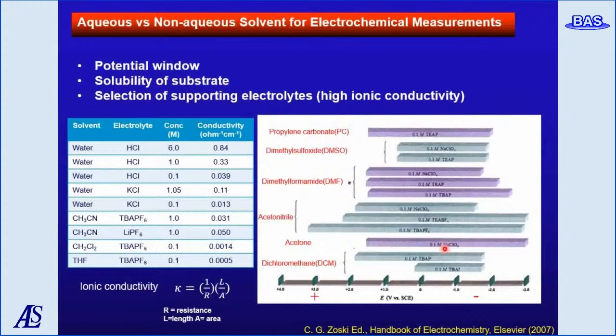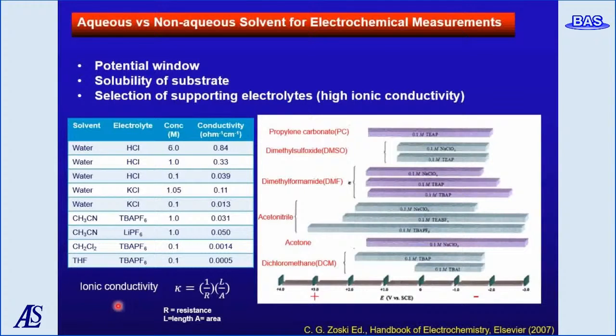The important quality for the solvent is the ability to support current flow in solution. Therefore, the ion conductivity is the key parameter for electrochemical measurements.